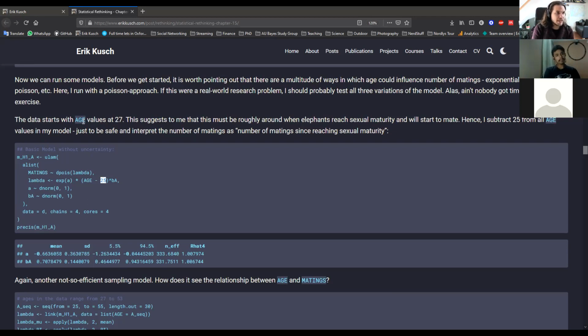And just to be on the safe side, I thought probably they mature at around 25. And I wanted to get to an understanding of the effect of age past sexual maturity. So I want my value of 0 to be roughly around where elephants could potentially even start mating. So that's just what I do here.